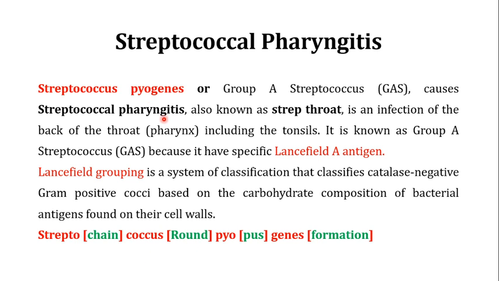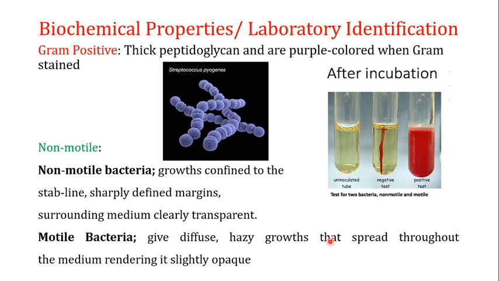Now this pyo term refers to pus, which is the presence of pus on the tonsils, and this genes refers to the formation. So these Streptococcus pyogenes are round chain-shaped bacteria which are responsible for the formation of pus on the tonsils. Therefore, they are known as Streptococcus pyogenes.